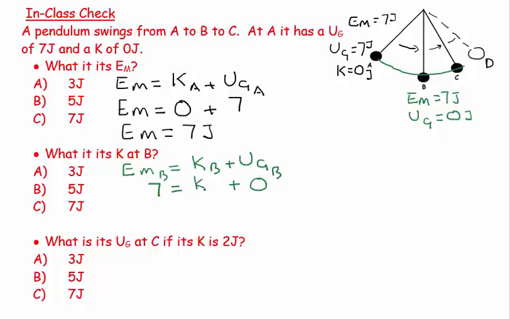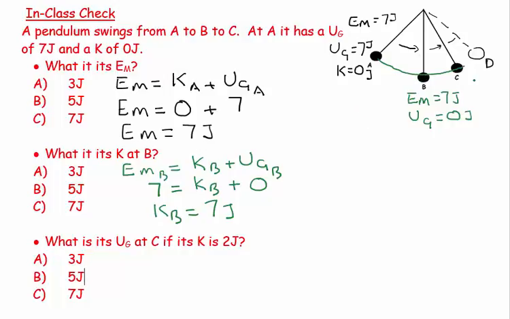And so KB is equal to 7 joules. So what happens is that all the mechanical energy is stored as gravitational potential energy at A, and then it gets transferred, and by the time you get to B, all the mechanical energy is stored as kinetic energy at B.